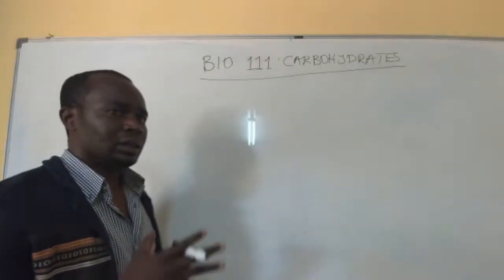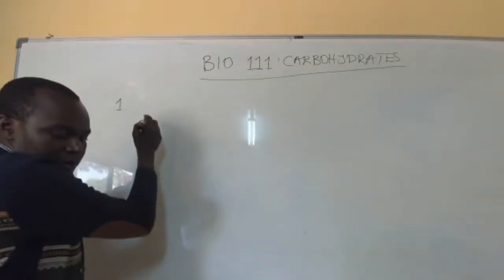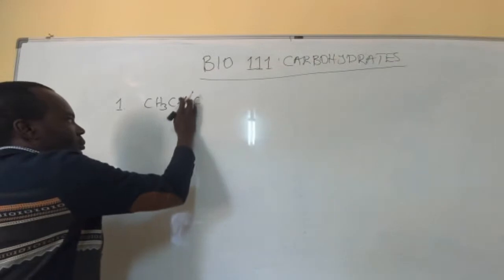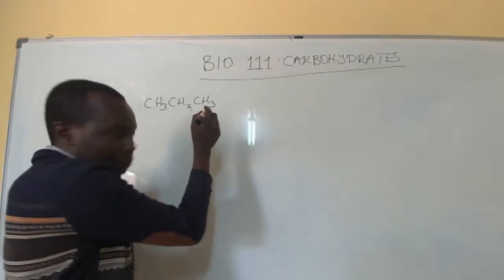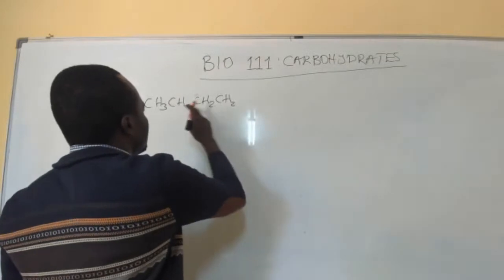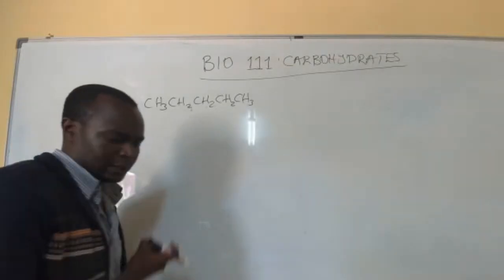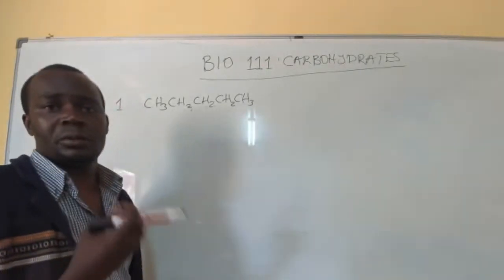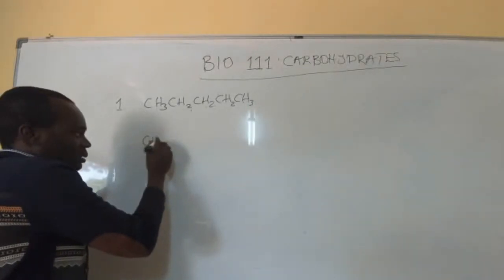In your secondary school, you covered compounds like pentane when you were covering organic compounds. When they were introducing the concept of isomerism, they gave you this as an example.